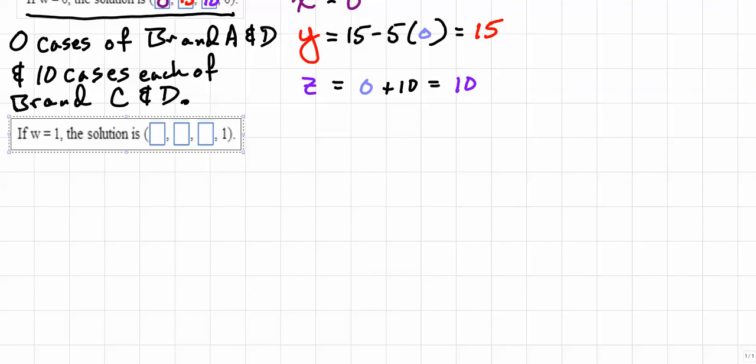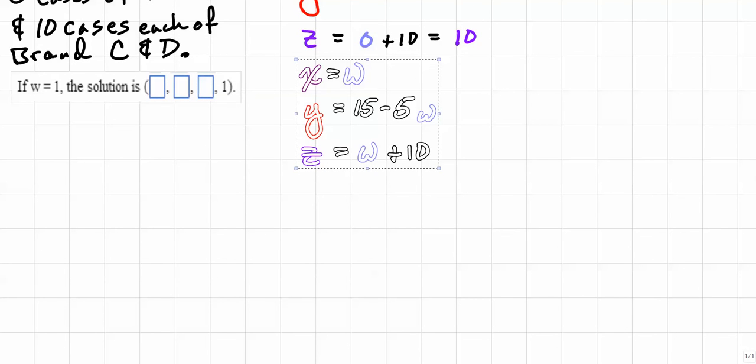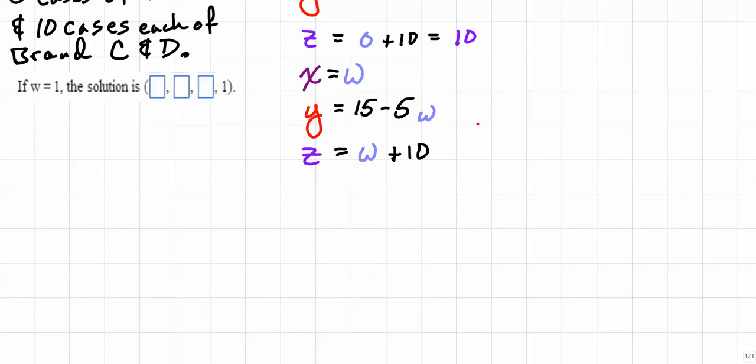So now the next statement says if w equals 1, the solution is. So remember that the system that we came up with for a solution is the following. X equals W, Y equals 15 minus 5W, and Z equals W plus 10. So once again, we'll say X is equal to W, which in this case will be 1. And Y will be equal to 15 minus 5 times W, which in this case is 1.